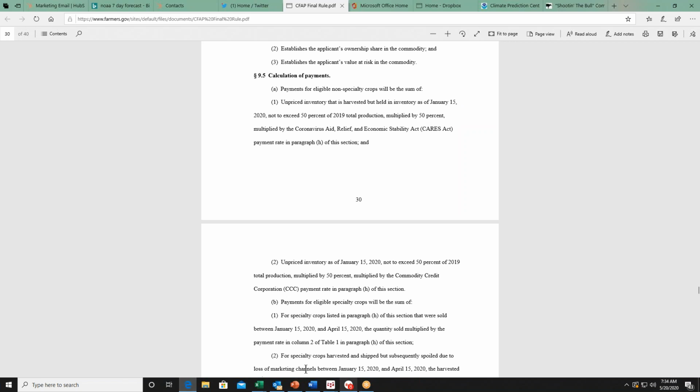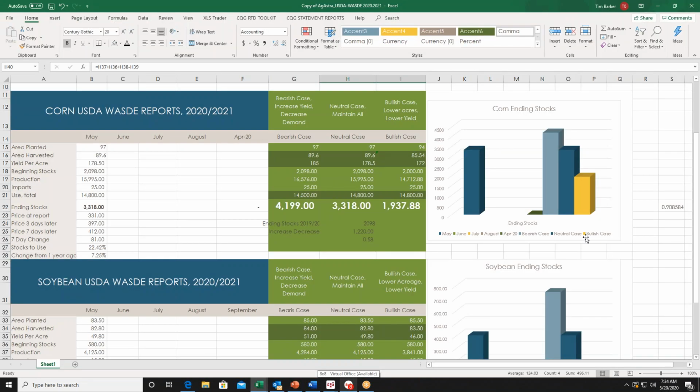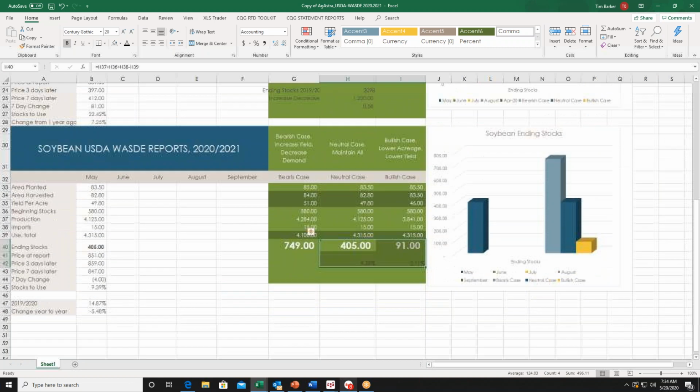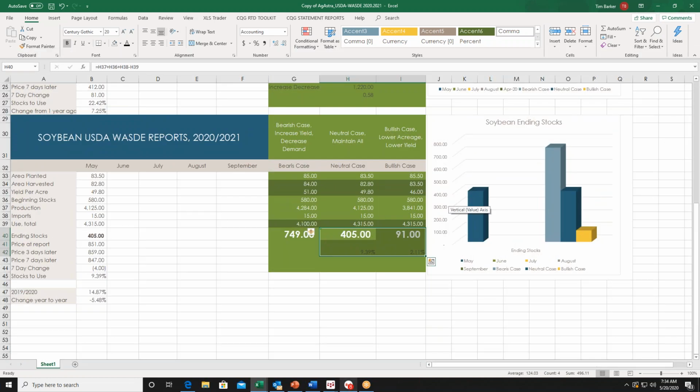All right, let's turn to our WASD report, because we want to look at this a little bit and really wrap our heads around what's going to happen. So if you're paying attention to what the hedge funds are doing, and you're tracking the open interest, and looking at the positions that the funds are holding, and these are these big speculative investors, right?